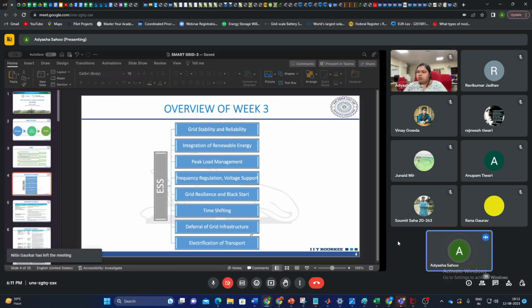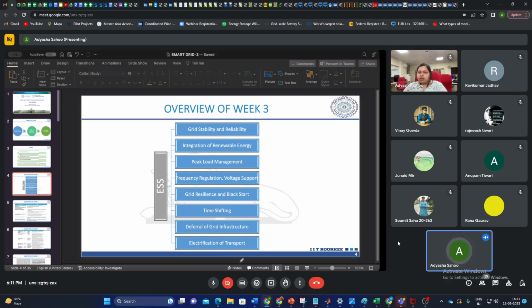To accommodate these renewables, we have to increase the capacity of our transmission system. We need extra lines. If we have energy storage with a renewable, then when we have excess renewables, this storage can charge, and this can in turn lead to deferral of grid infrastructure.